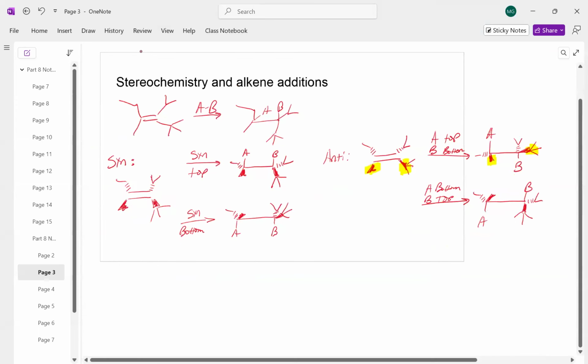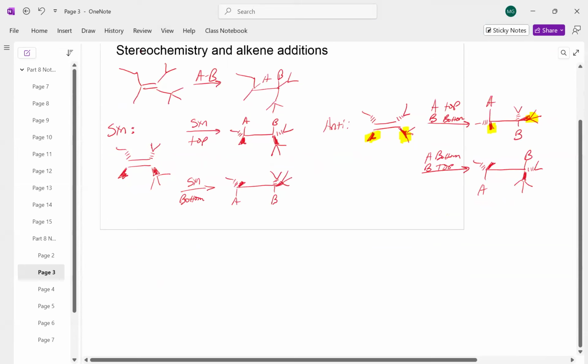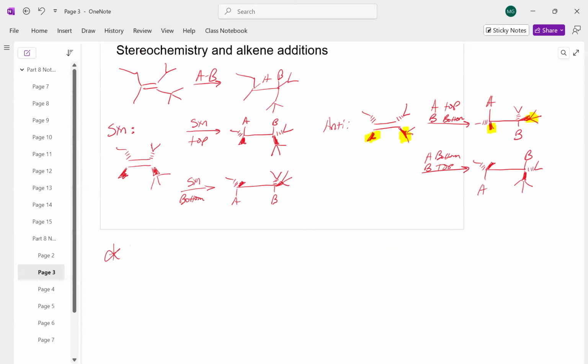Now, the final thing I want to highlight with stereochemistry, I've shown it every now and then, but I just want to highlight it here since we're talking about stereochemistry, is that you need to think about meso compounds.